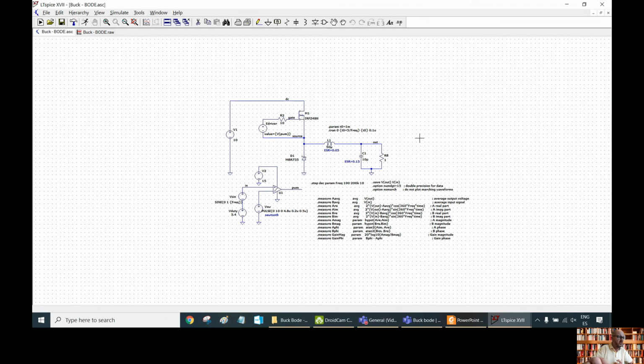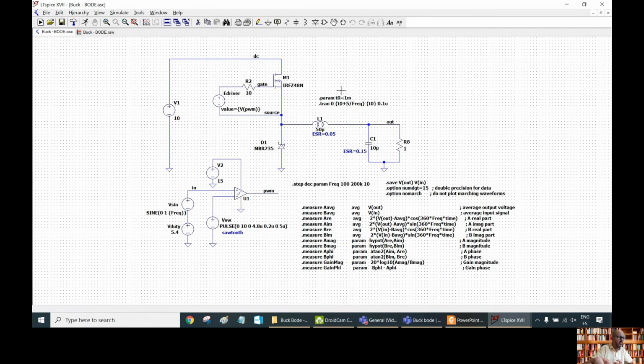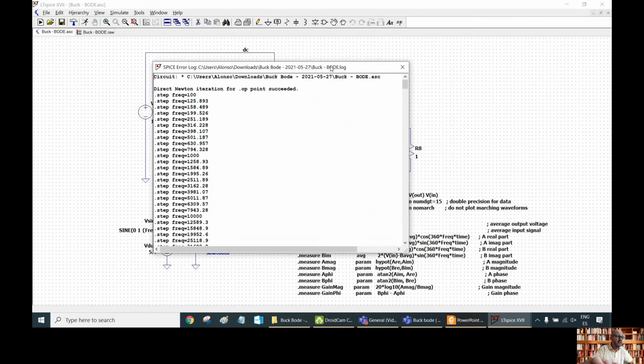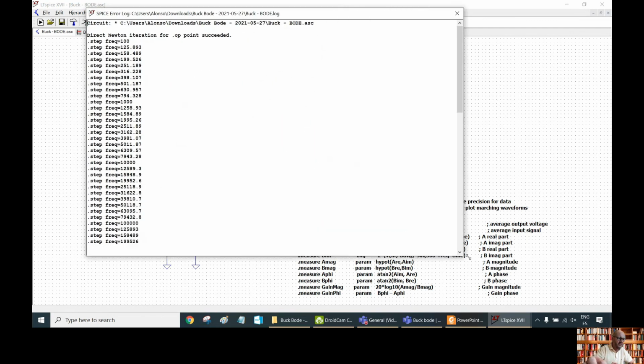What we need is to go to the file with the results, with all the results in text. So for this, we go to this file by pressing on the keyboard the key Control and then the letter L, as in LTspice, and then we can see here the results.